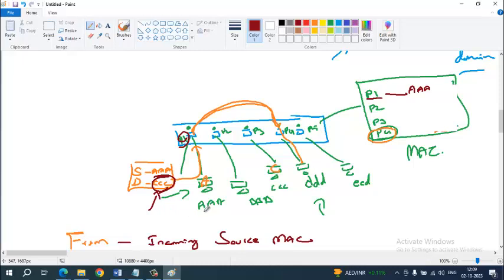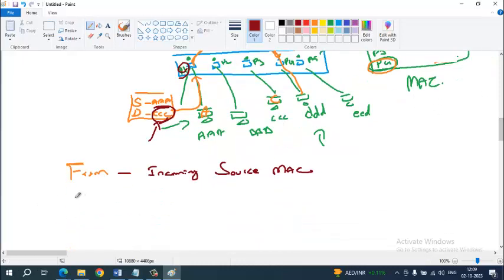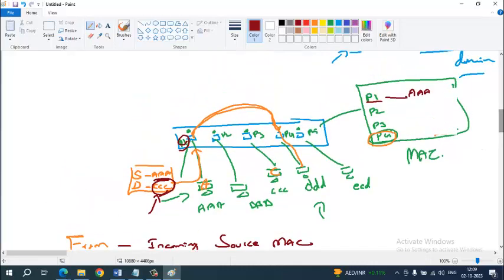So what is the rule? When the destination is unknown, what do you need to do? Flood the packet. How will it flood? By using that one broadcast domain.